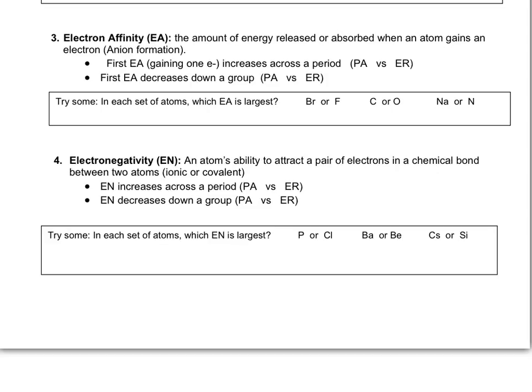The pattern is the same as for ionization energy. Electron affinity increases as you move across the period, from the left to the right on the periodic table. This is because as you move to the right, there are more protons in the nucleus pulling on the same number of shells, so you have more proton attraction.